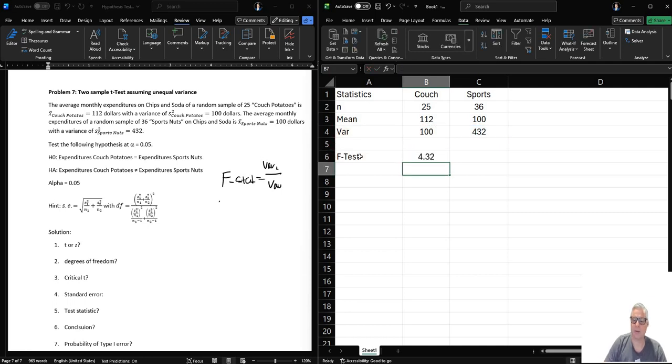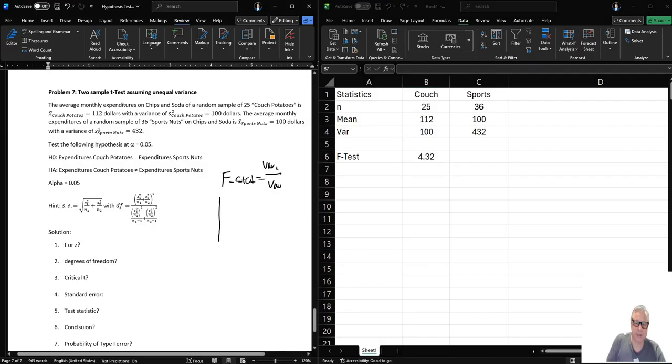And that is our test statistic that we test in a test. Okay, so it might be a little bit confusing that we also have a two-tailed test here. An F distribution often looks like this with a long right tail.